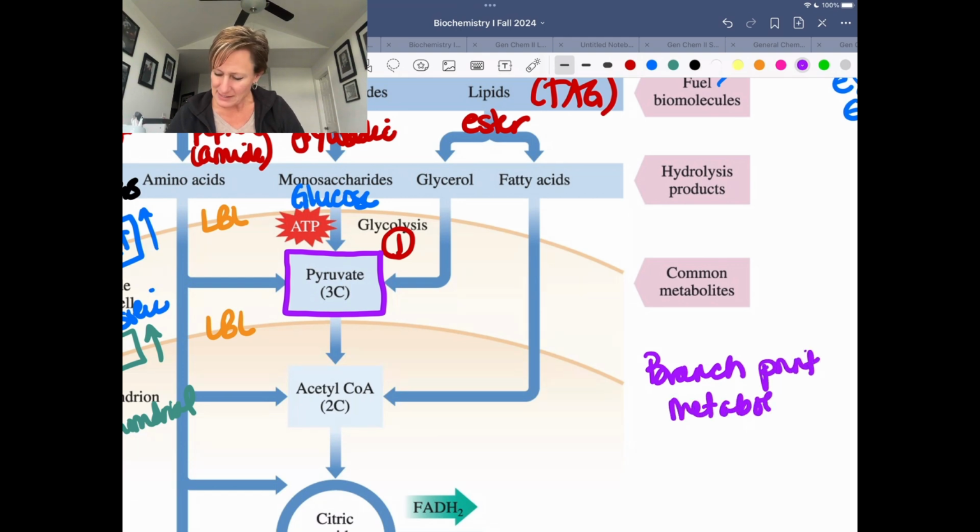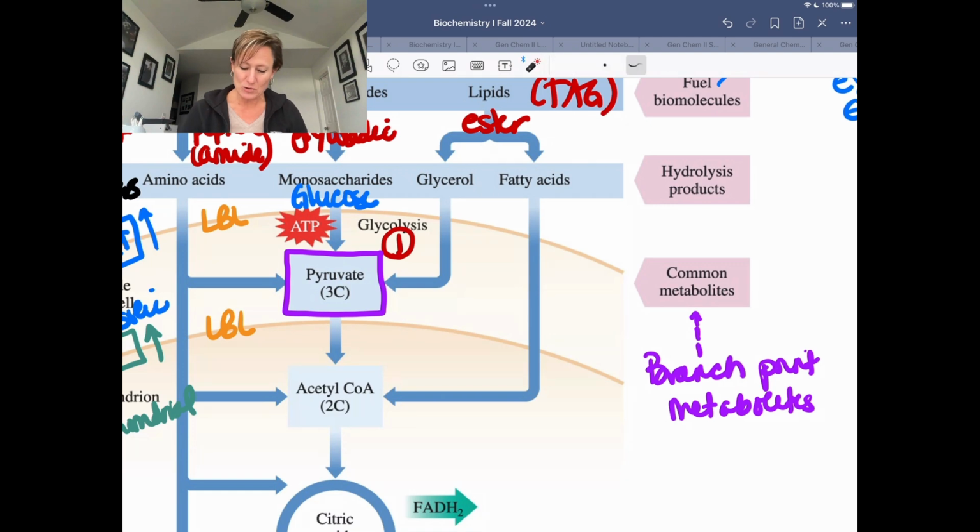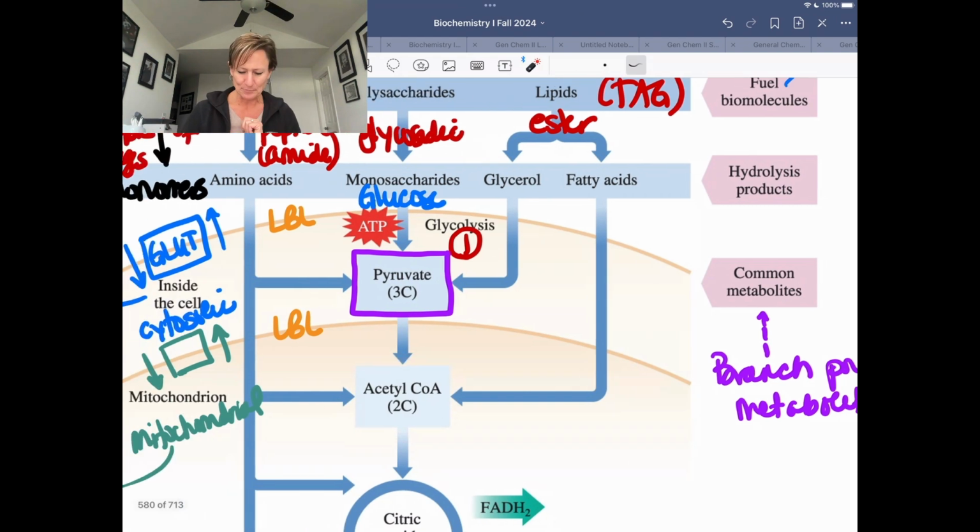On the slide, they might be referred to as common metabolites, but we call them branch point metabolites. Branch point metabolites have lots of arrows that lead into or out of them. They represent central hubs of metabolism. Pyruvate is a very key 3-carbon metabolite, and acetyl-CoA is a very important 2-carbon metabolite.